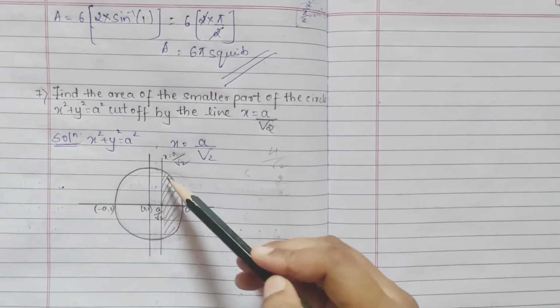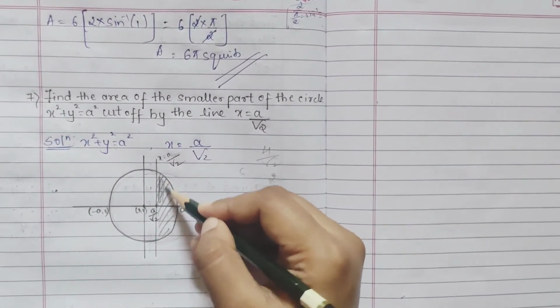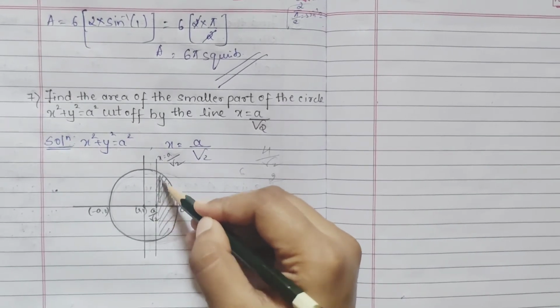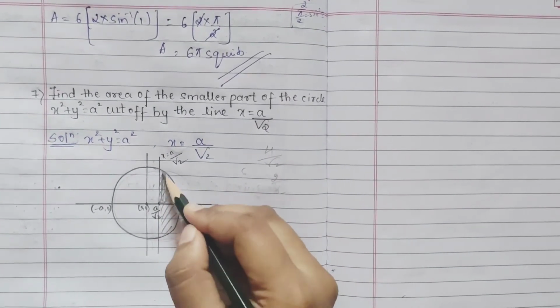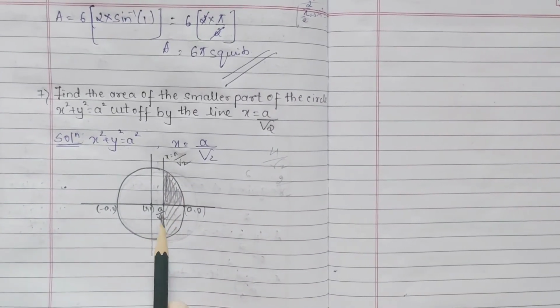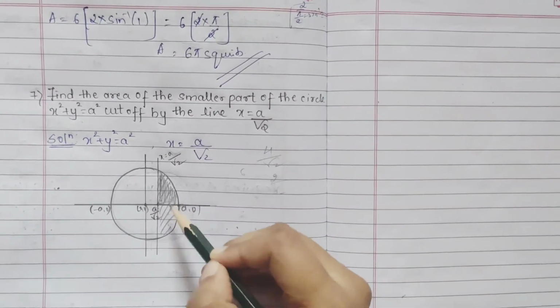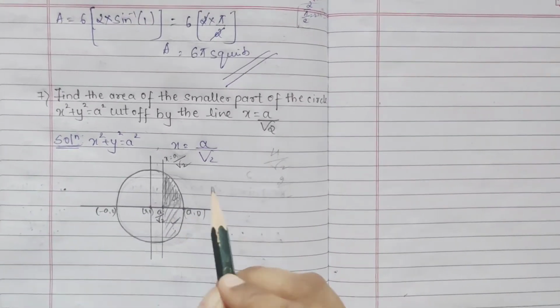So you are finding the area of this region below the circle. Okay, below the circle, this region we are going to find, and it will be from a by root 2 to a. So obviously two sections are there, so any one of these we will consider and multiply with the 2.